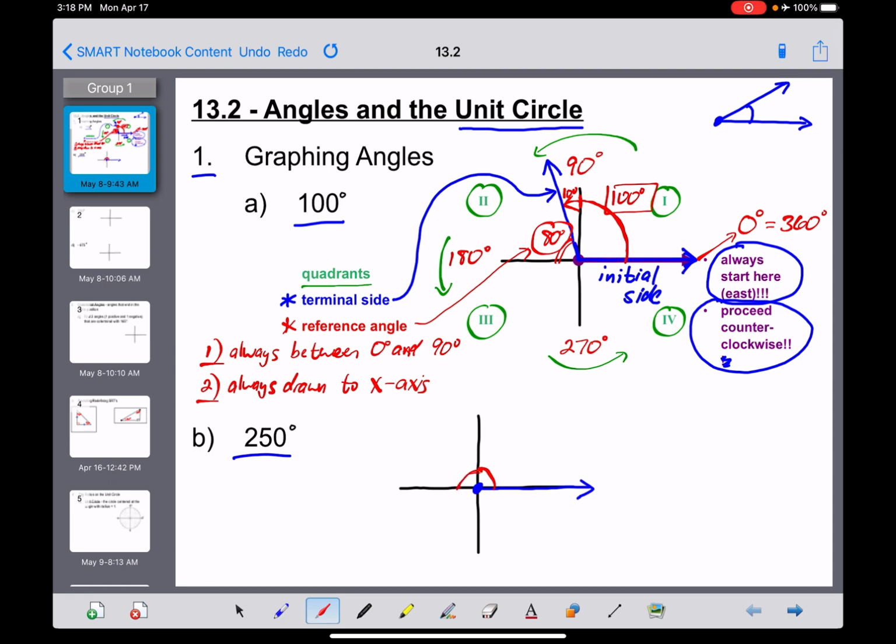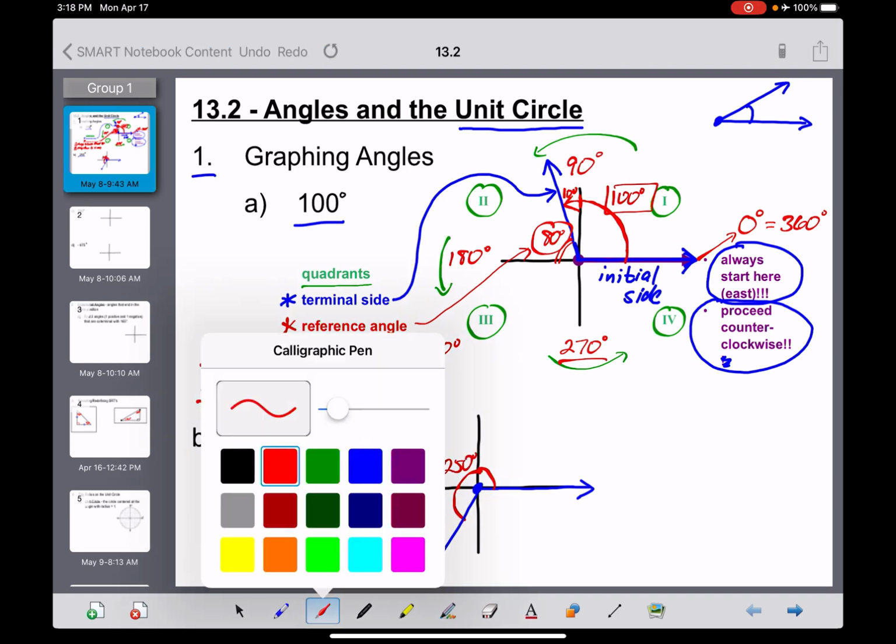But at the bottom of the y-axis right here, 270 degrees would be too big. So I'm going to go here into the third quadrant, but not all the way, and my terminal side is probably going to look something like this. So there's your 250-degree angle there in red. Guys, that's what we've got.